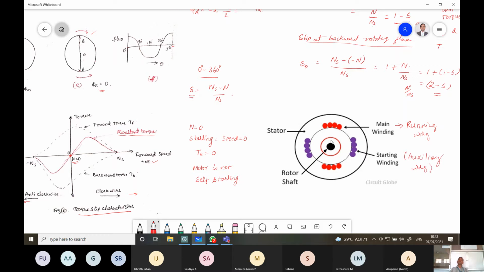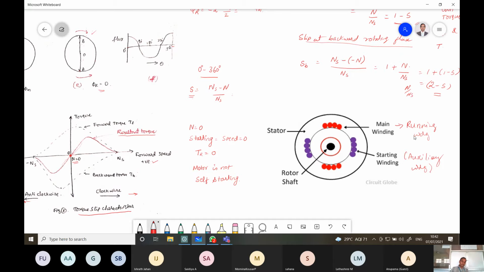This is the rotor. In the stator itself, there are two types of windings: the main winding, also called the running winding, and the starting winding, called the auxiliary winding.